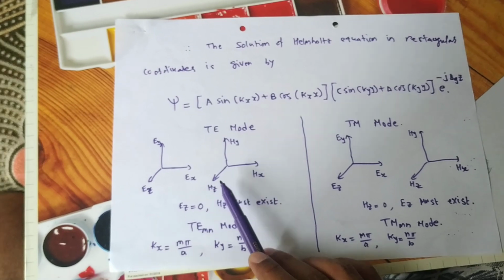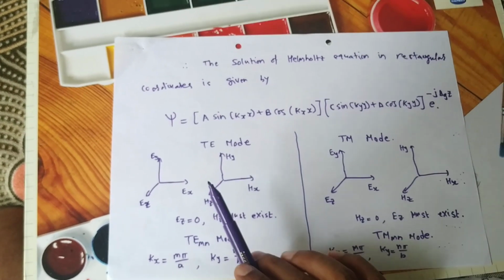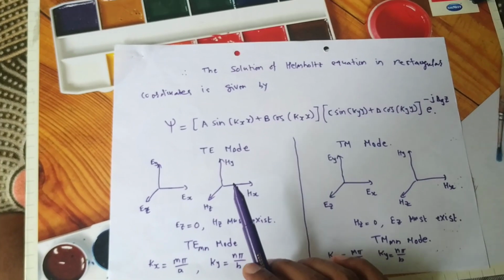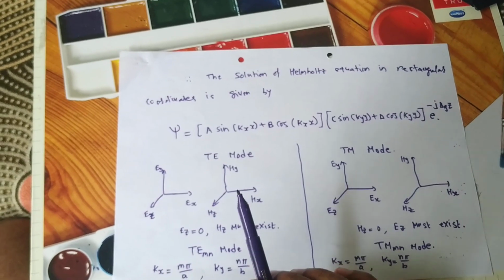So please remember, whenever the Ez component is 0 inside the rectangular waveguide, TE mode is present.